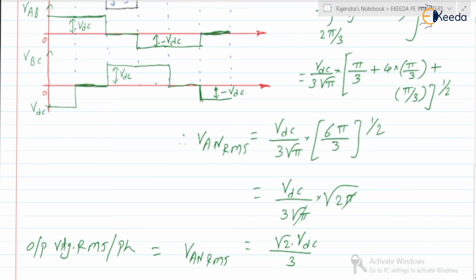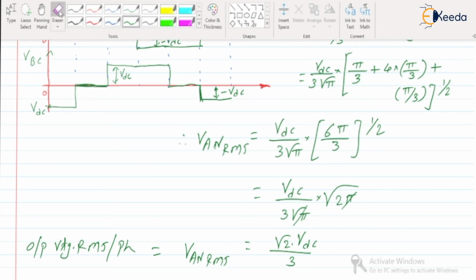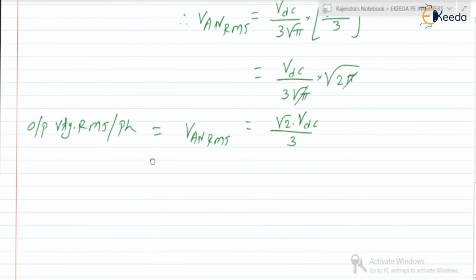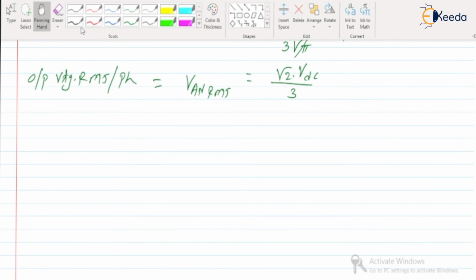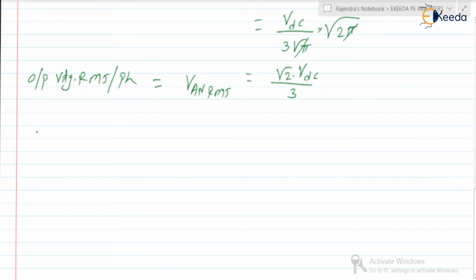Similarly, we can write the expression for the RMS value of the line voltage, VAB RMS.